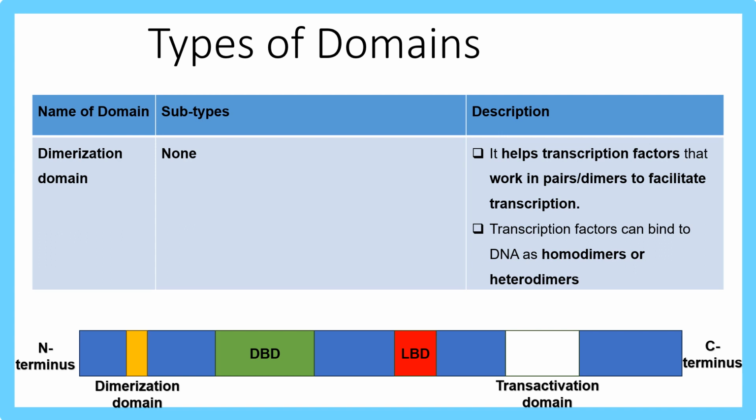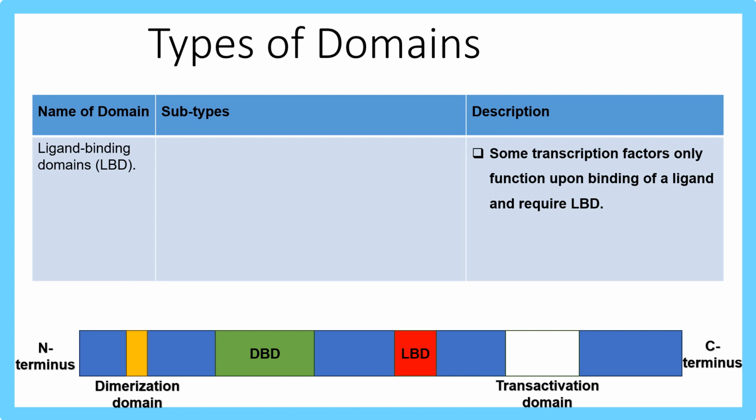Homodimers means the same, heterodimers means different. So they can bind to DNA as 2 transcription factors that are the same working together, or 2 transcription factors that are different but both bind to the DNA.